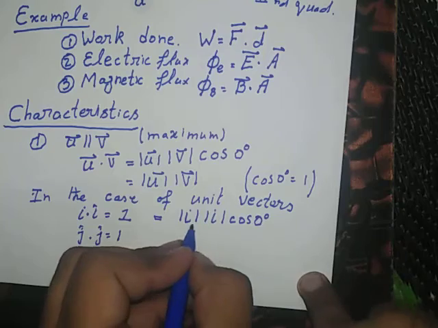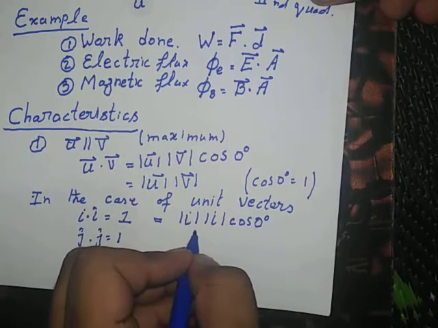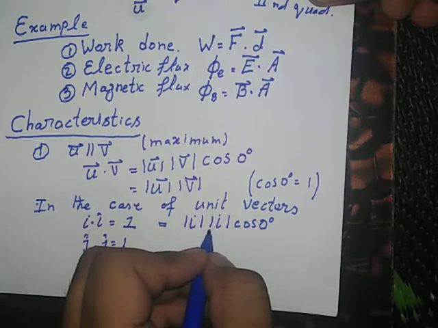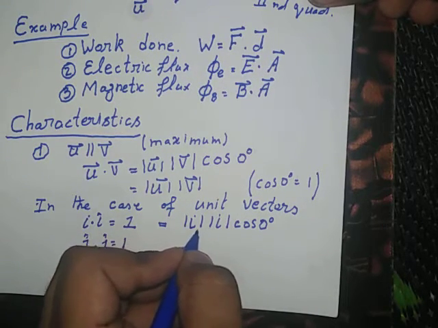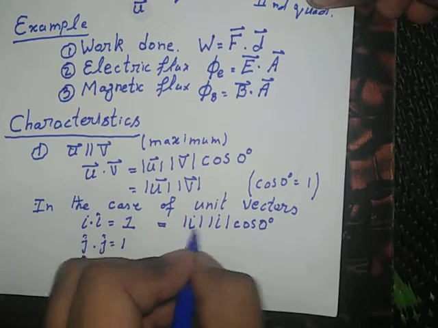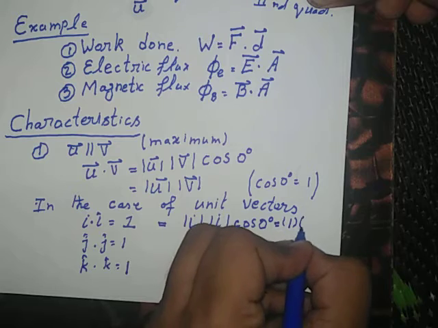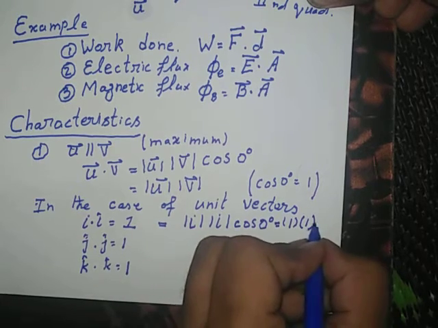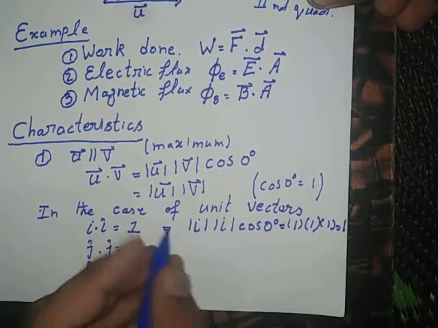We know that the magnitude of a unit vector is always 1, because a unit vector is defined as a vector whose magnitude is 1. And cos 0 is already 1, so the result is 1.